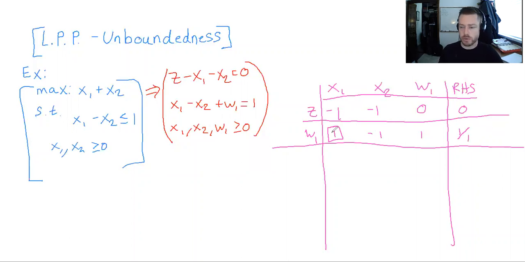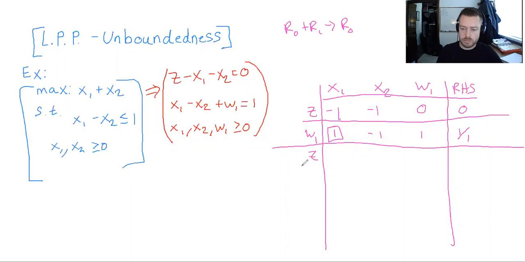Then we want to make all the numbers above and below this pivot equal to 0. There's only one that's above it, so we're going to do some row reducing here. Row naught plus row 1 is going to be the new row naught.